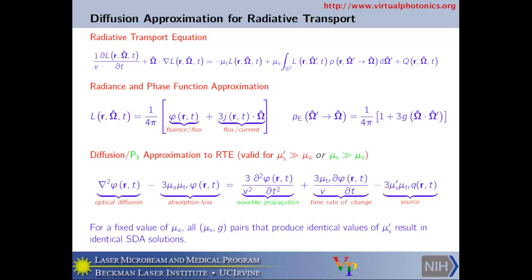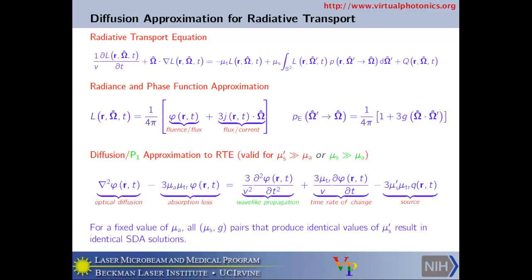That's a very good comment. You're saying that mu-s prime is always smaller than mu-s. Yes. So P1 is a better approximation, so it has to be a more stringent criterion if you want this additional accuracy.